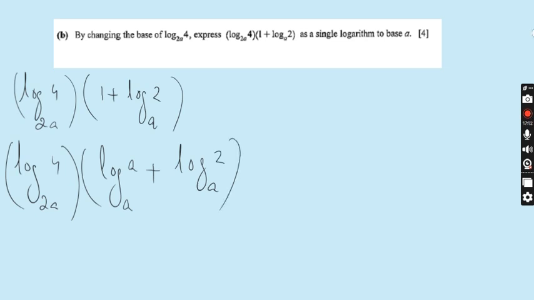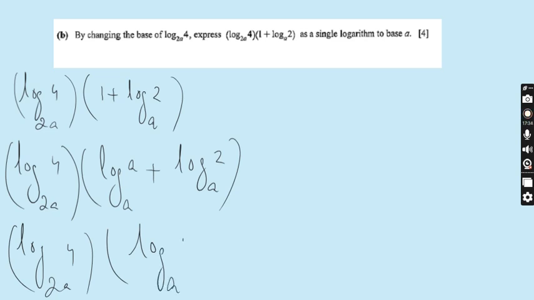Now write log 2 a4 multiplied by, you know, when there is an addition sign you can convert into multiplication.